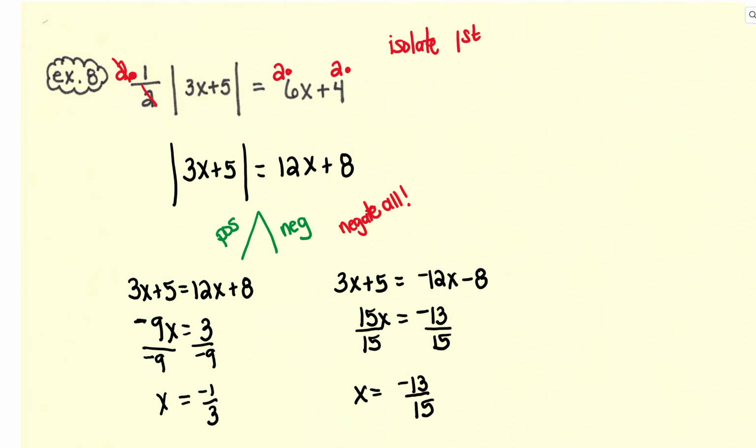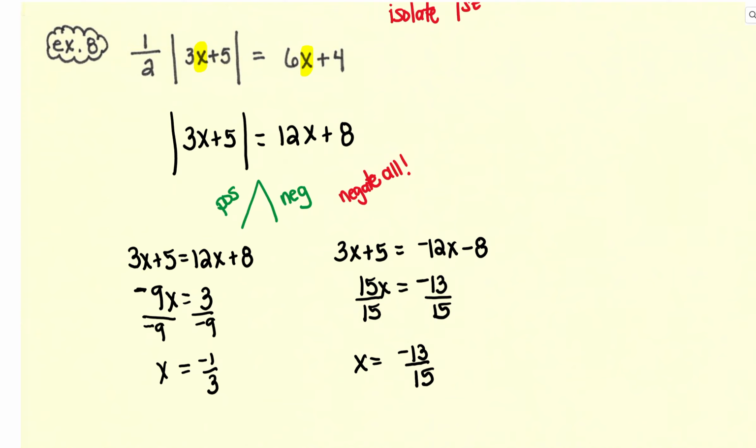And once again, because there are variables on both sides, we have to check these answers. When you check your answers, you're going to go back to the original problem. You're going to put an x on this side, and you're going to put the negative 1/3 in on that side and see if you get a true statement.